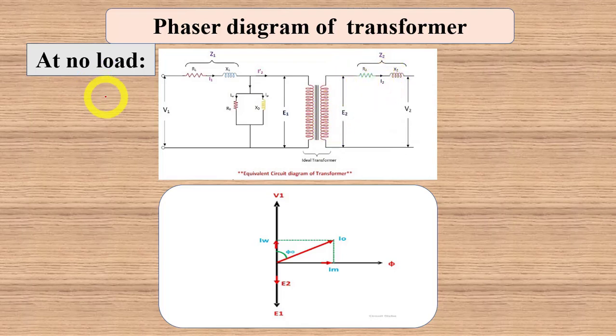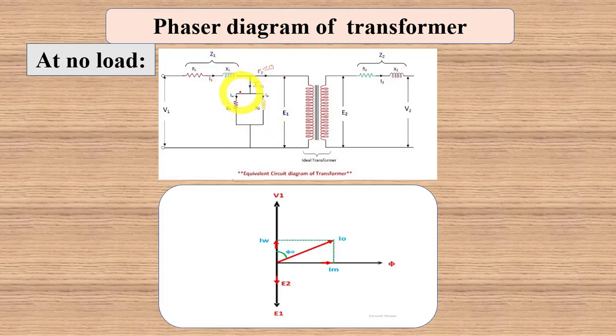Whatever current is taken from the source passes only through the primary winding, because I2 is 0. So I2 dash is 0, and I0 is passing through the core equivalent circuit, which is nothing but the shunt parameter of the transformer.